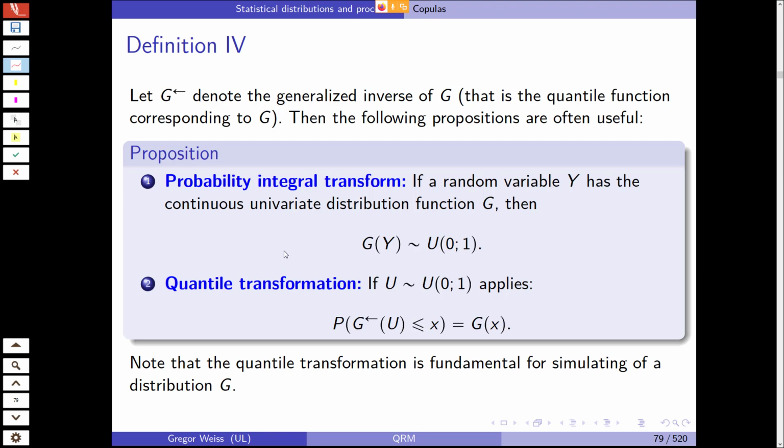What is that? The probability integral transform is if you have a random variable y that has a continuous univariate distribution function G, then if you insert y into its univariate distribution function G, you get a uniform distribution on the unit interval from 0 to 1. So if you insert the random variable itself in its own distribution function, you get a uniform random variable.